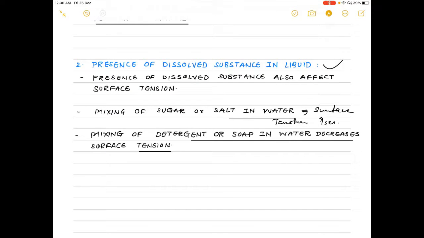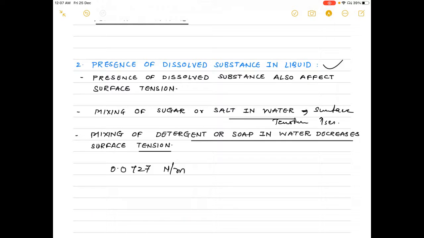In this case, if the substance is feebly soluble, when it is dissolved in water, it tends to decrease the surface tension of water or the liquid in which it is dissolved. Now it is observed that surface tension of water is around 0.0727 Newton per meter.